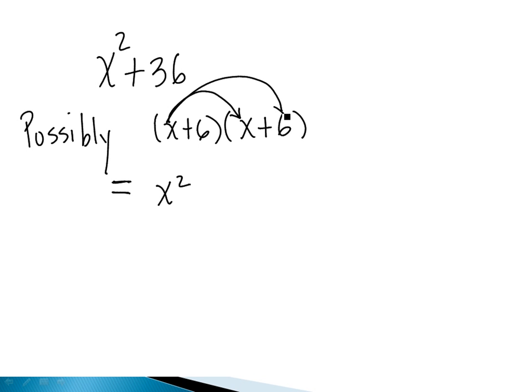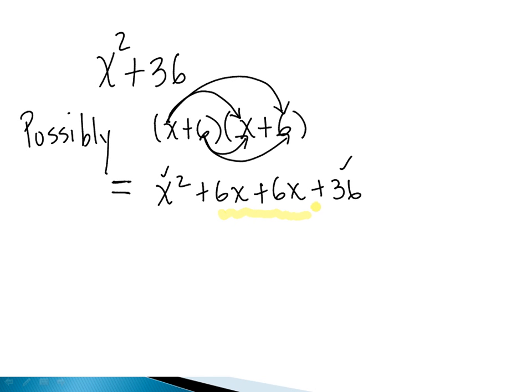x times 6 is 6x. 6 times x, 6x again. 6 times 6, 36. Alright, so we do have that x squared and that 36. However, we have a middle term right here, 6x plus 6x.